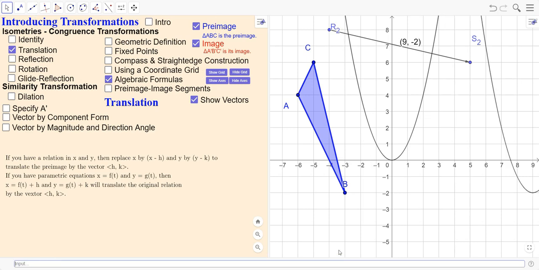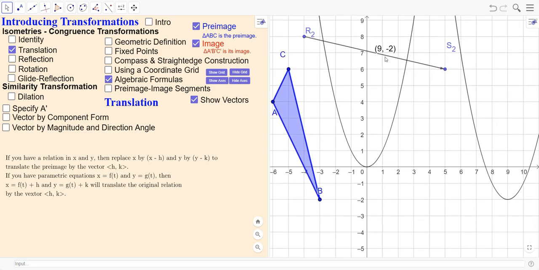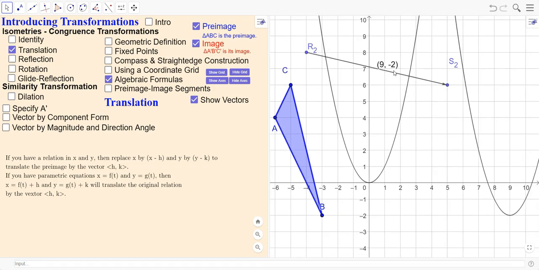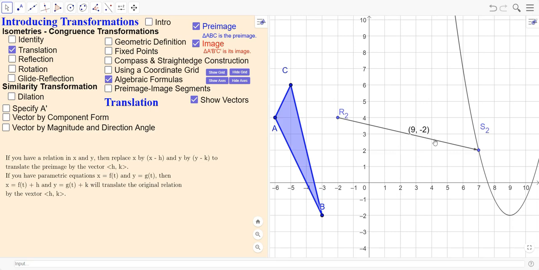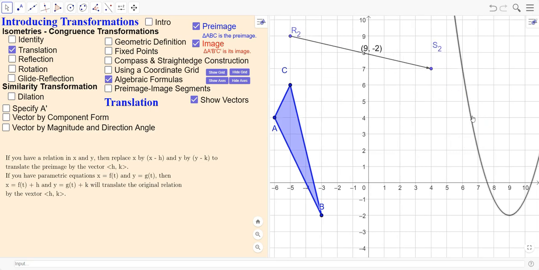And if you look, that will take every corresponding point and translate it by that vector 9, -2. So you can see every pre-image point is shifted to the right 9 and down 2. And that is a nice way of working with a coordinate grid and formulas.